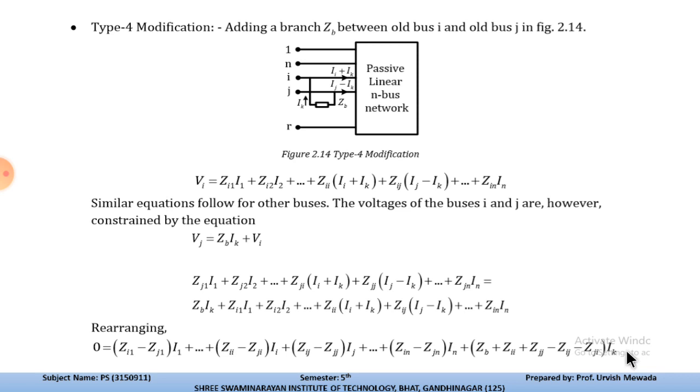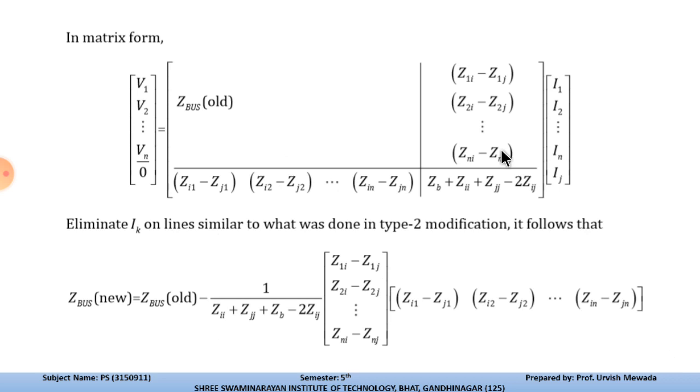From this formula we can form the matrix, that is the voltage and current, V equals Z into I. The new matrix that we form from the above equation is Z bus old, with Zi1 minus Zj1, which becomes reciprocal over here, so Zi1 becomes Z1i and Zj1 becomes Z1j.